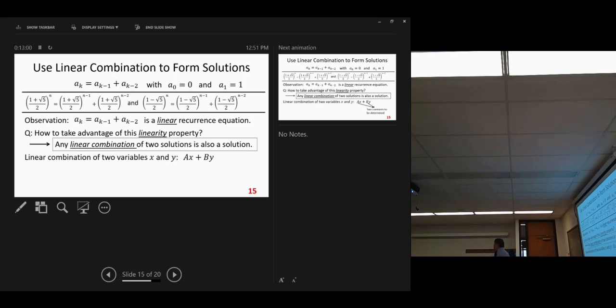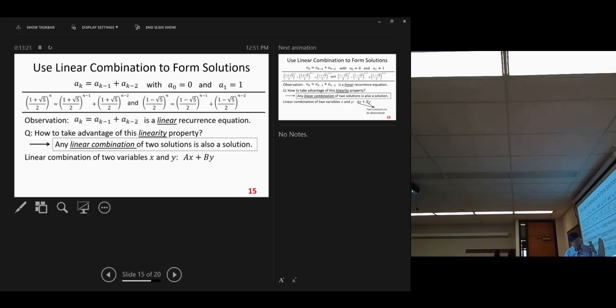So here, when we construct the general solution, we will use the linear combination of two special solutions. X is our special solution number 1. Y is our special solution number 2.